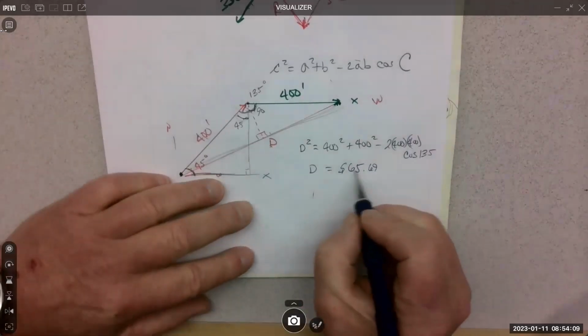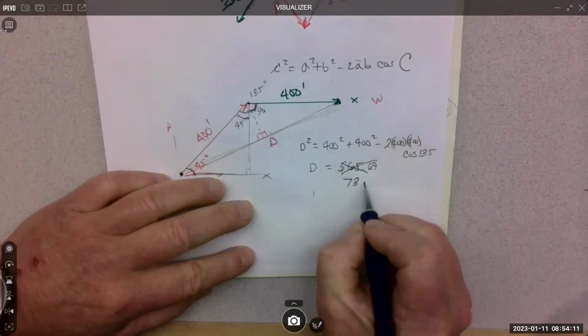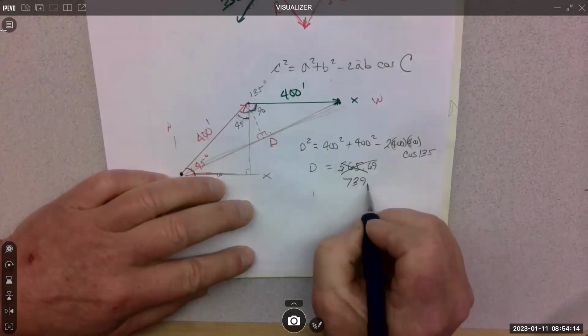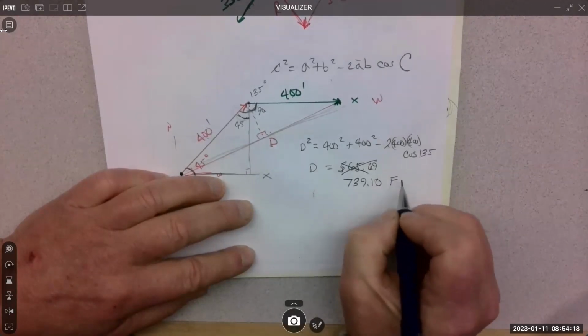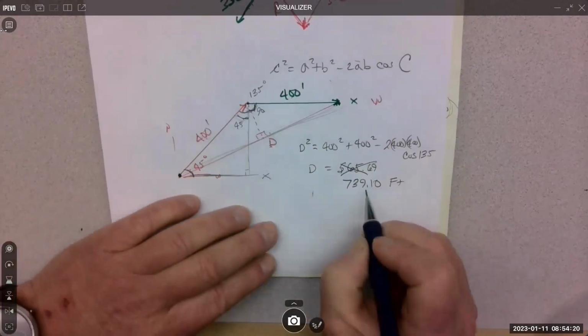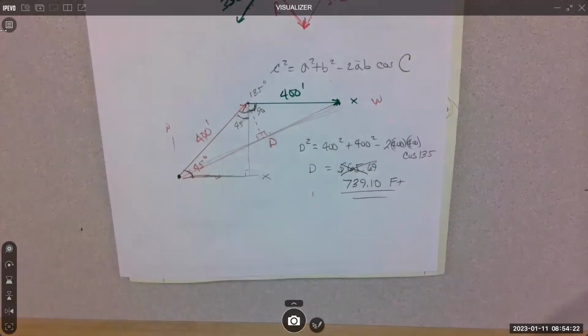Hey, excellent. 0.10 feet from the start distance. Yep. Excellent.